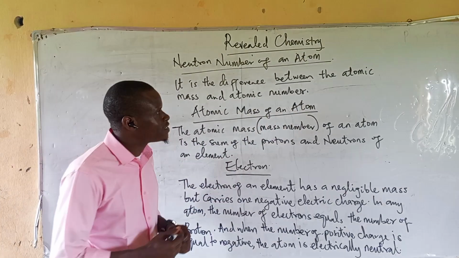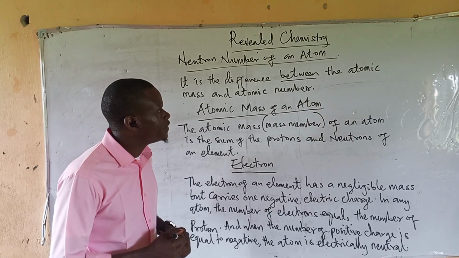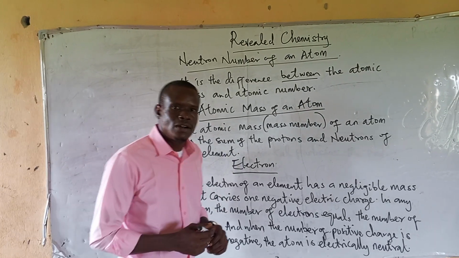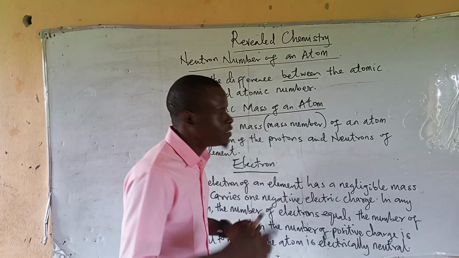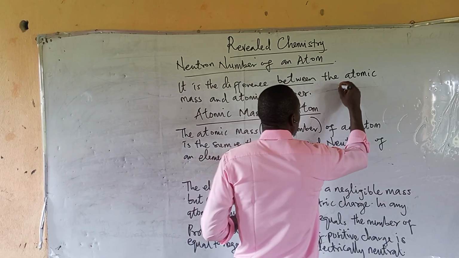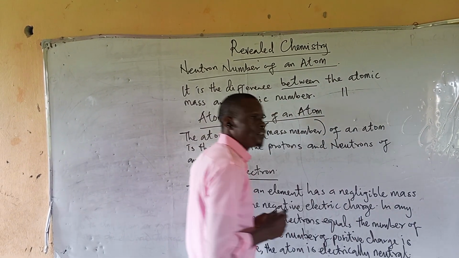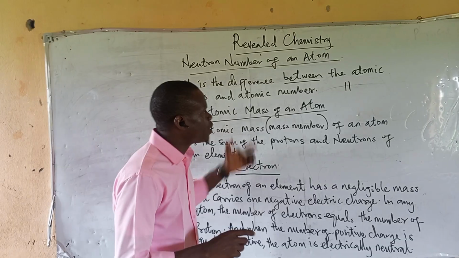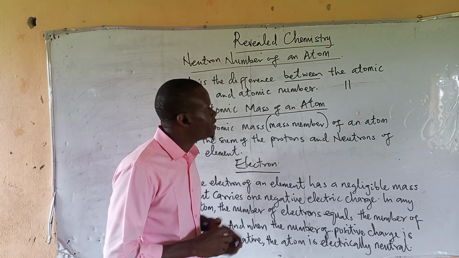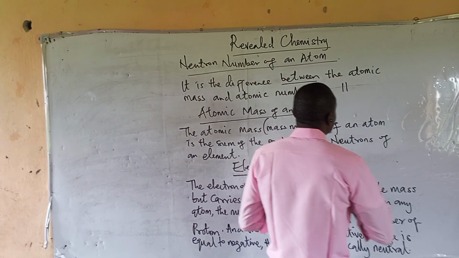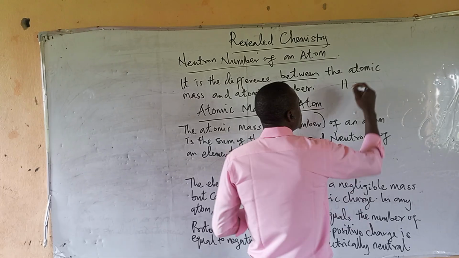Let's say, for instance, you have the mass of an element to be 11, and we have the atomic number of an element to be, for example, 6.